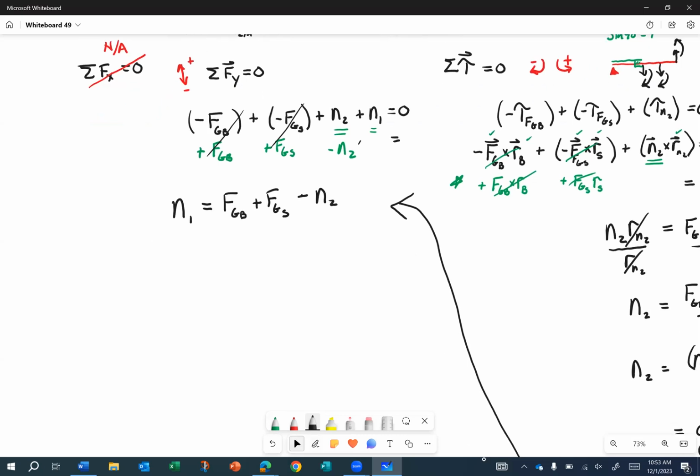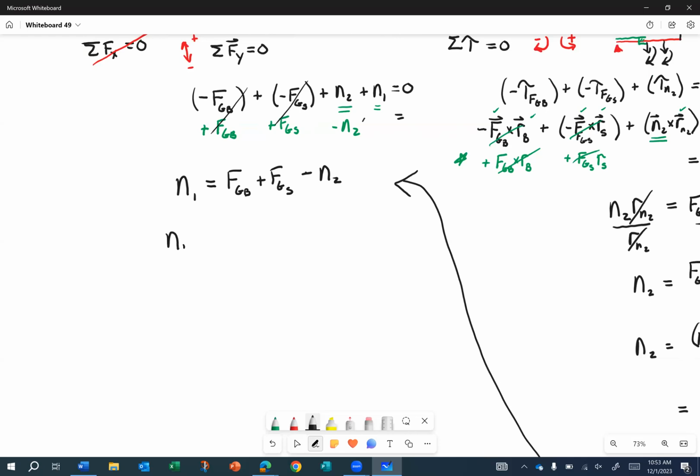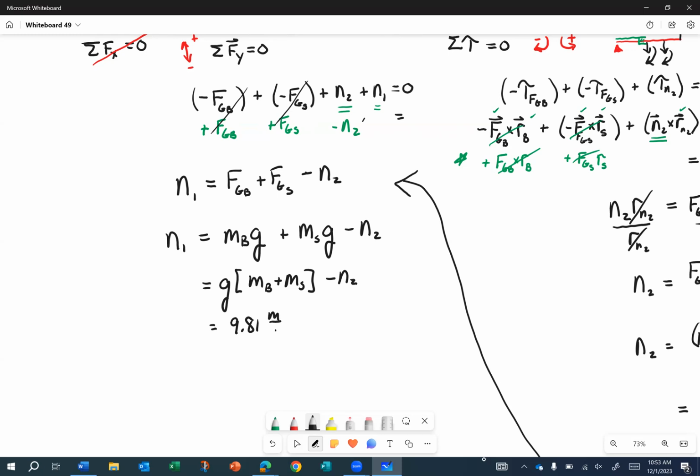So rearranging that equation, I get N1 is equal to the mass of the beam times acceleration due to gravity, plus the mass of the student times acceleration due to gravity, minus N2. Again, we can say g times the mass of the beam plus the mass of the student, minus N2. So 9.81 meters per second squared times 100 plus 78 kilograms, minus 1,000 newtons.